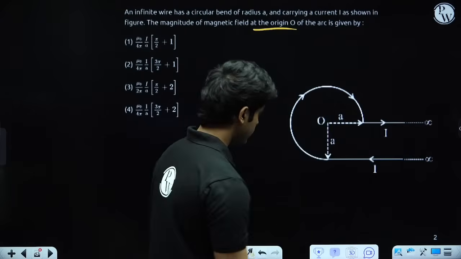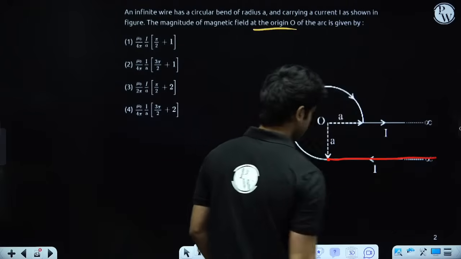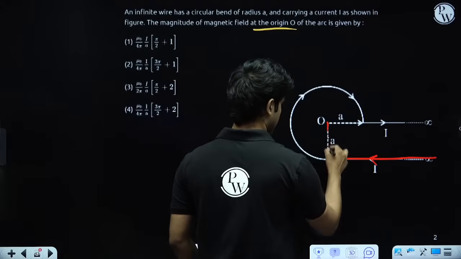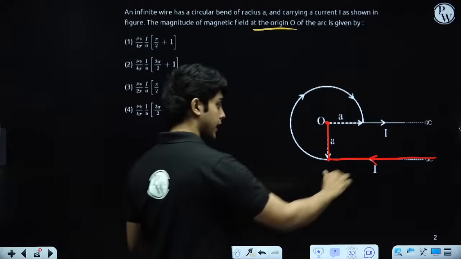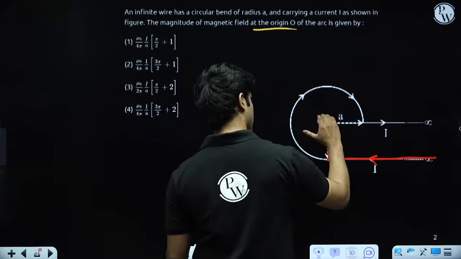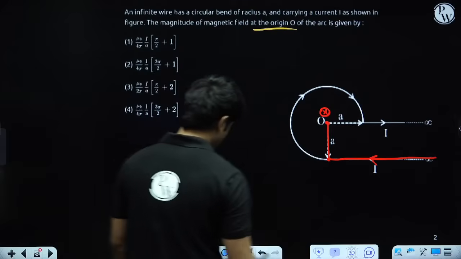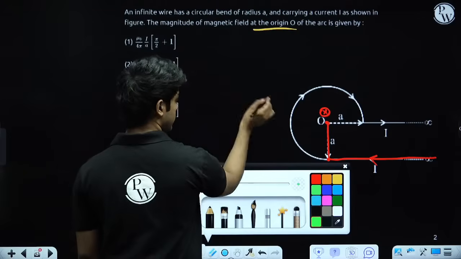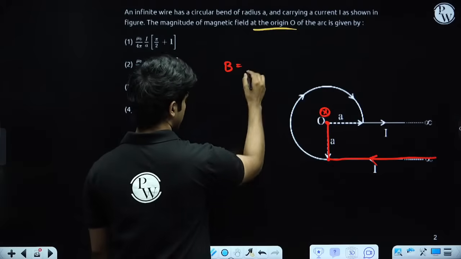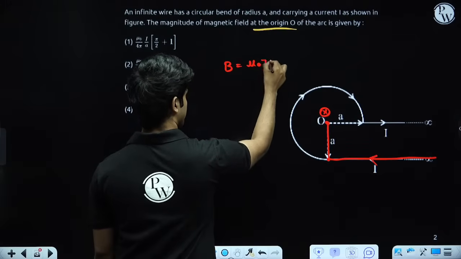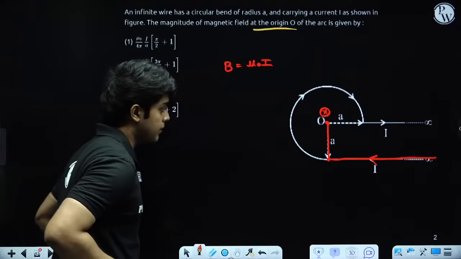Okay, so we'll do it part by part. So first we have this semi-infinite wire. So the magnetic field due to a semi-infinite wire. Firstly the direction we can use right hand rule, it will be into the page, right. So into the page is x, and the magnitude due to the semi-infinite wire is mu naught I by 4 pi r times sine alpha plus sine beta.